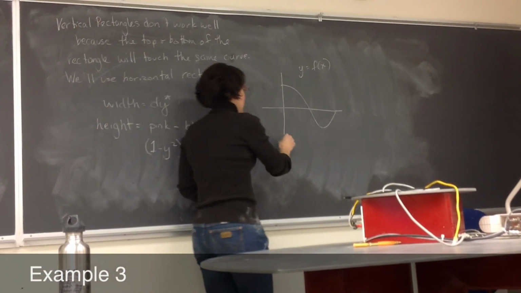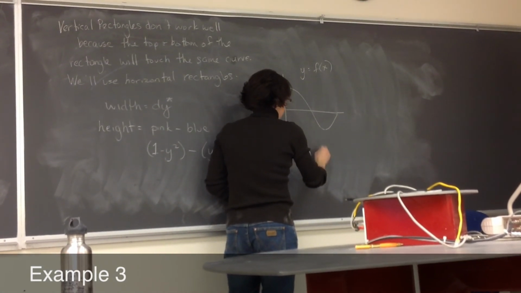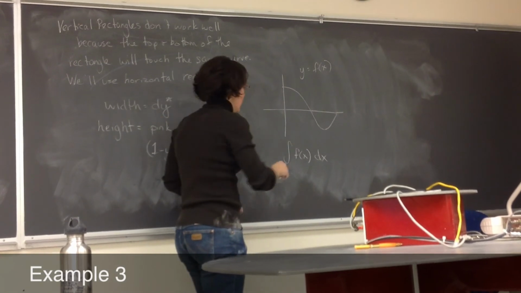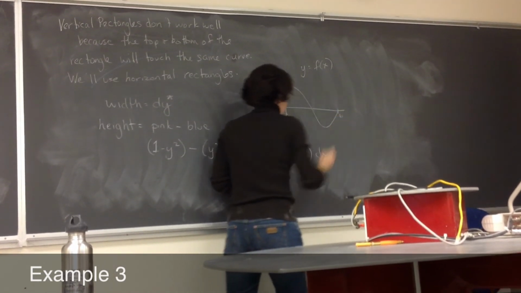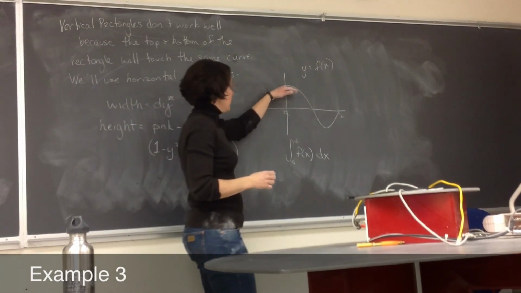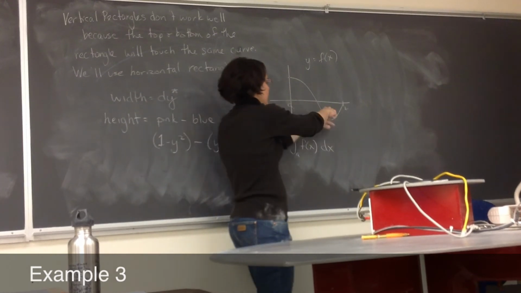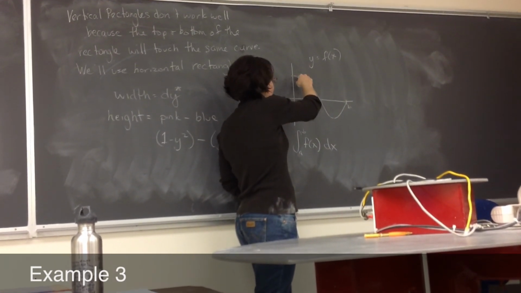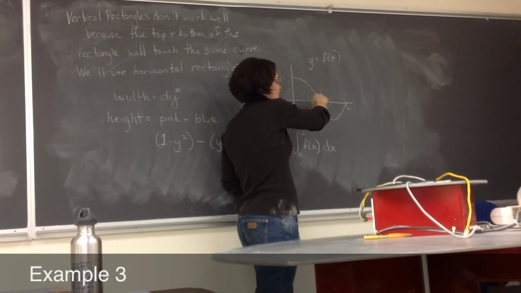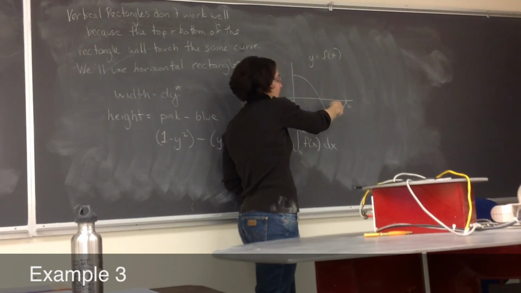Technically, when you are looking at the integral of f of x dx from a to b, what you're really doing is top minus bottom, but here your top gets inverted. So this is really f of x minus 0, and then we would continue on here with f of x minus 0, which is why this value becomes negative.